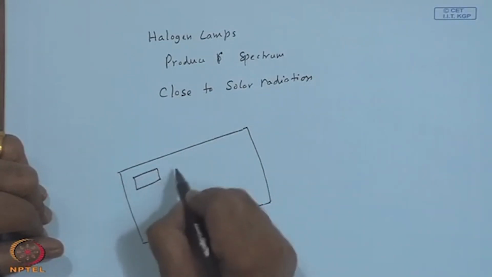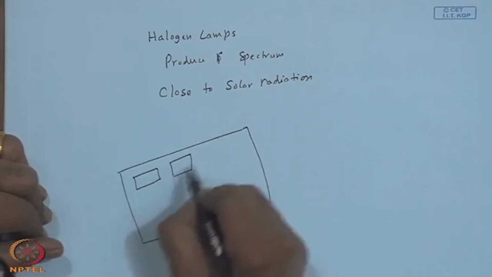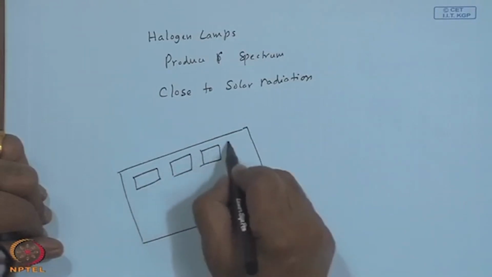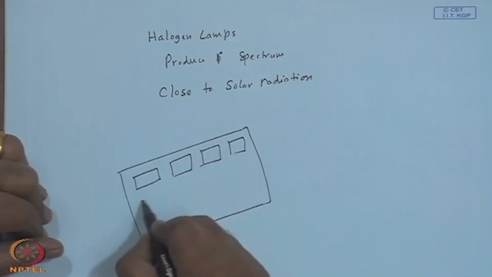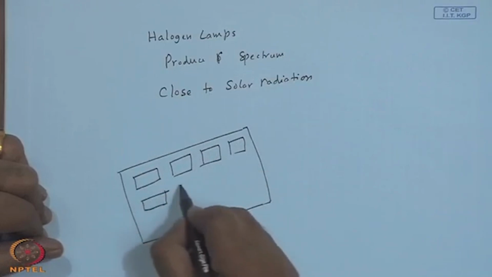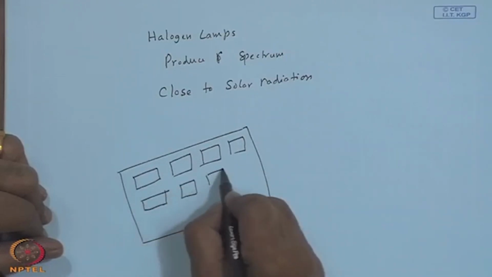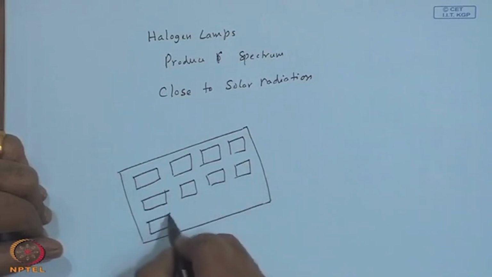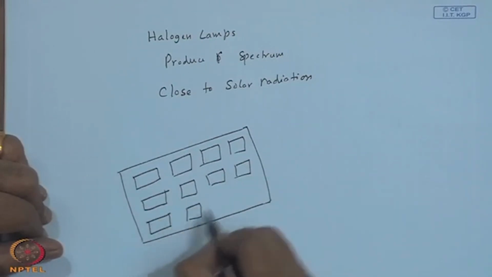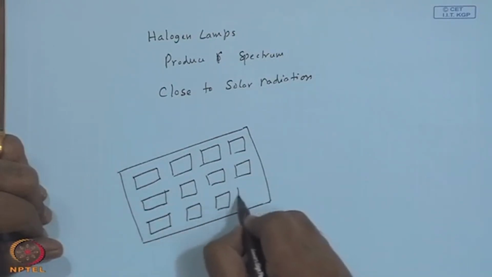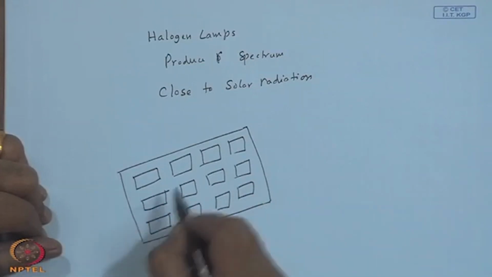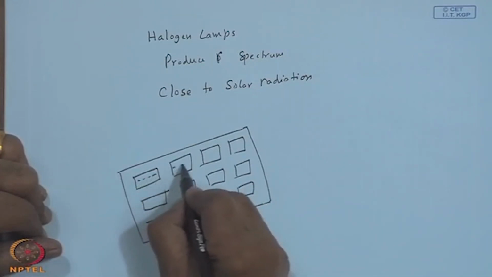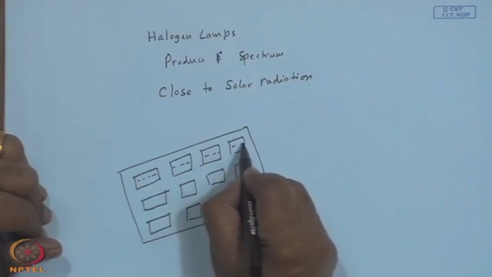Philips makes them in India. Maybe you may have about 12 or 14 as the case may be, and you arrange them at a distance best decided by trial and error. Each one is about maybe 1 kilowatt.